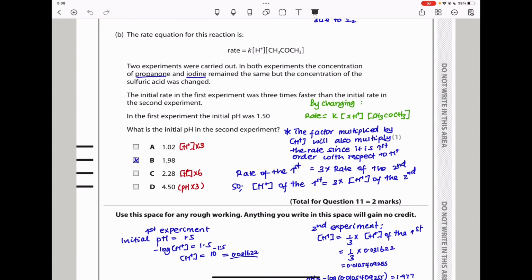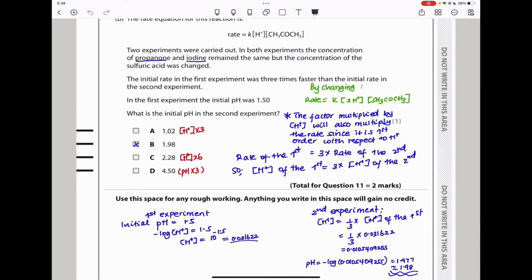The key thing was understanding that from the rate equation each is first order, and then using this to know that if the concentration is multiplied by a certain factor, since it's first order, the rate multiplies by that same factor, provided the concentration of the other one was not changed. That was the only thing you had to know.